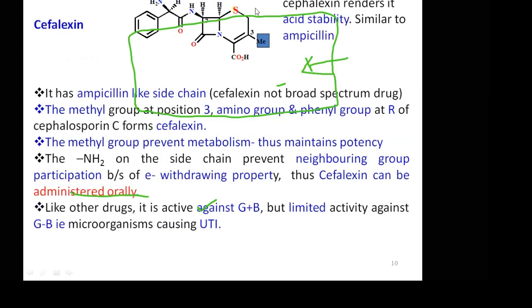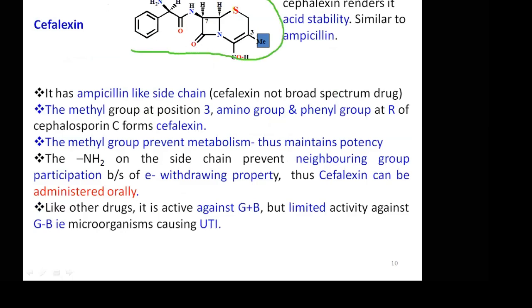Now, cephalexin. See here, if you remember this structure, this is like ampicillin. Everything is similar to ampicillin, except here it is a 6-membered ring. In ampicillin, it is a 5-membered ring.